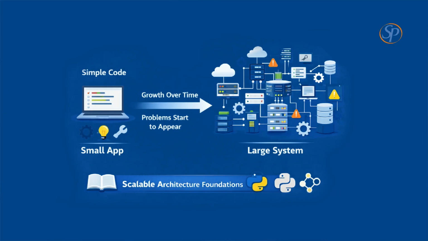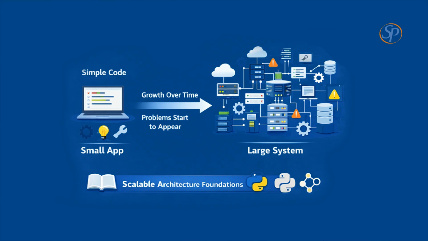When applications are small, almost any code works. One file, a few functions, quick fixes, everything feels manageable. But as applications grow, problems start appearing slowly. Code becomes harder to understand. Changes start breaking unexpected paths.